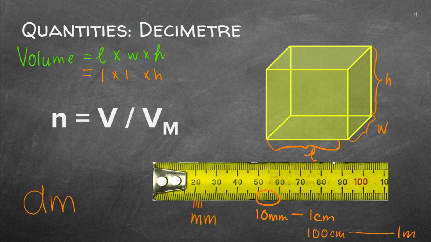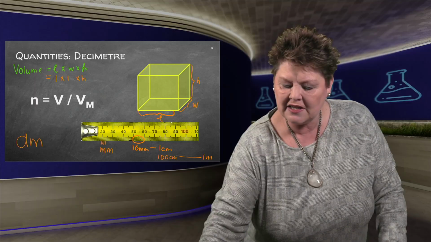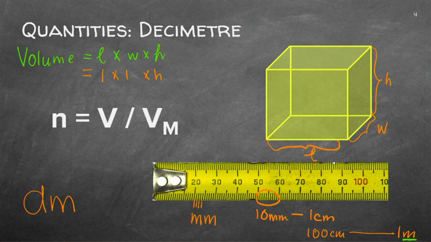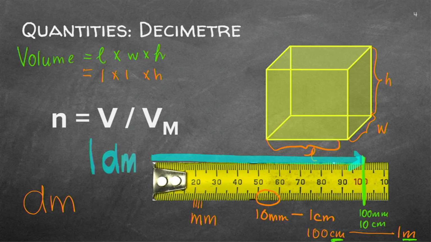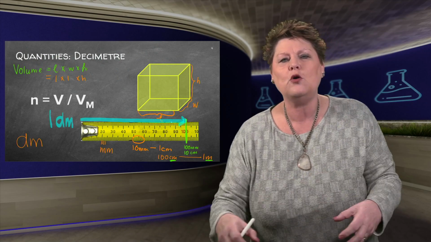The one unit that we do use in chemistry specifically is the unit in between the meter and the centimeter. And I've got it on this measurement here. There's 100 millimeters. It's also 10 centimeters. But guys, this from that point to that point is 1 decimeter. So you actually have a decimeter on your table in your pencil bag.